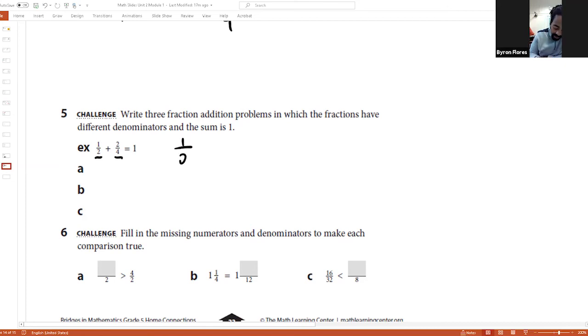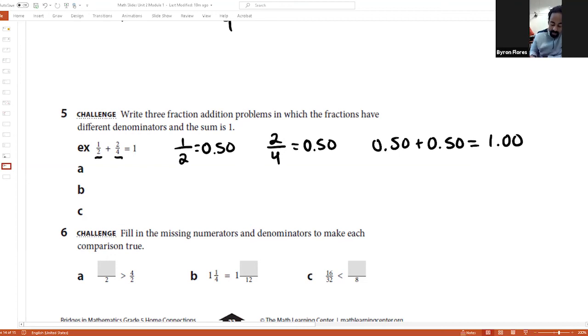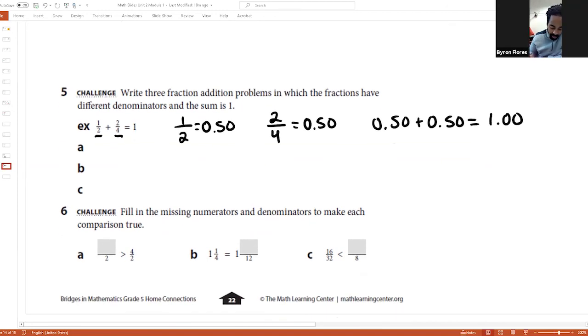So if you know 1/2 is equal to 50 cents, and 2/4 is also equal to 50 cents, 50 cents plus 50 cents gives us $1, or 1. Now come up with 3 addition problems that all equal 1, and that they all have different denominators.